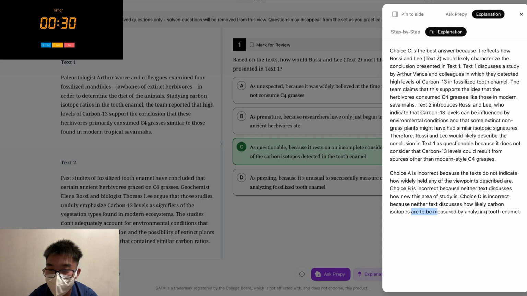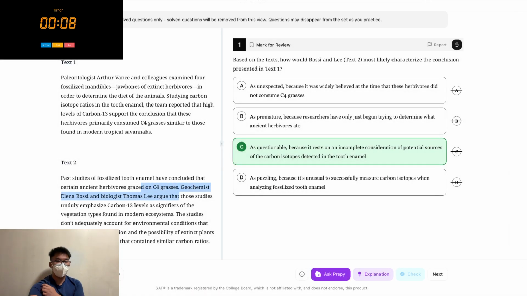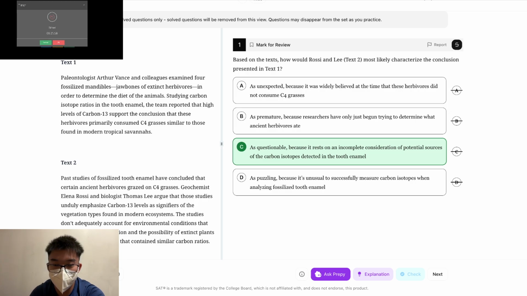Yeah, carbon 14 mastermind. Okay. Does not consider carbon 13 could be a result from Earth. Could result from sources other than the modern. Okay, yeah, cool. So this one talks about how it could be from other sources like the environmental condition. Okay, it makes sense. Let me go real quick right now since the timer is off.